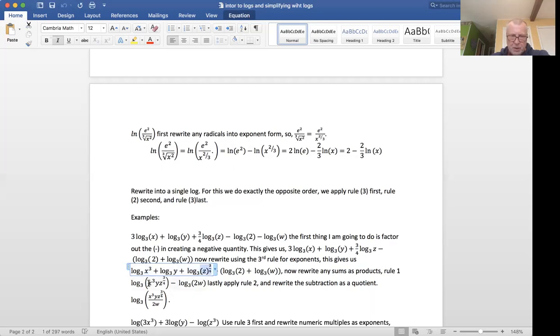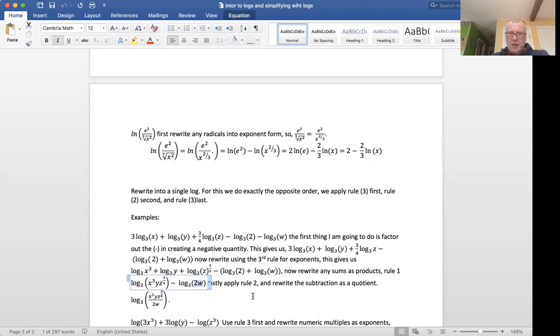So that means we're going to multiply those three things together inside of this single log. Over here, we have the log base 3 of 2 plus, remember we factored that negative out, log base 3 of w. So that means we're going to rewrite that as 2w inside of a single log.